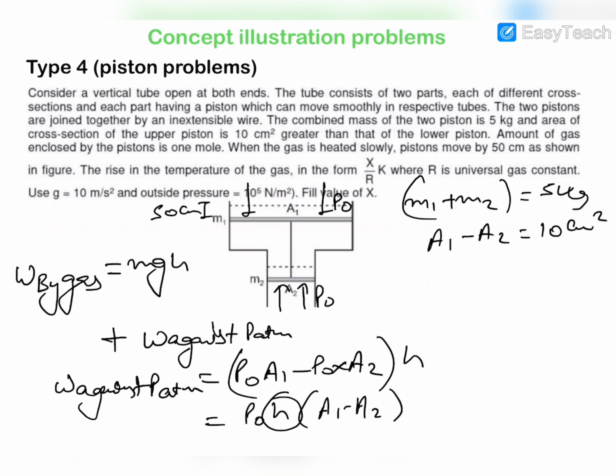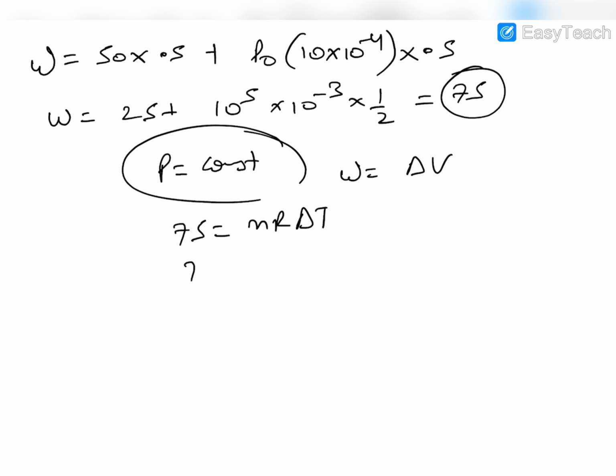So the number of moles, I think it is given in the question. One mole, yeah, it is given as 1 mole, and n is equal to 1. And we can also see that work done is 75, n is 1, R is 25 by 3, and delta T is the rise in temperature.